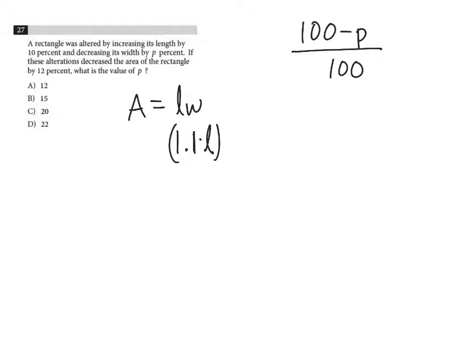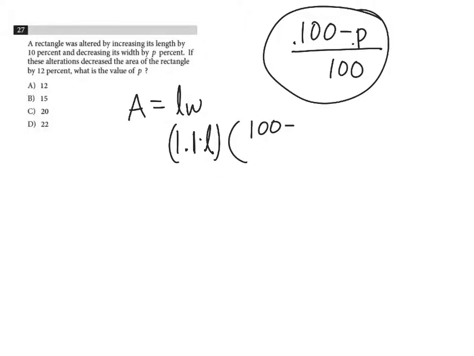So this is what we're going to multiply times w, because we start with 100%, decrease p%, and that gives us the percent, but to write it as a decimal, divide by 100. Okay, so then we're going to have (100 minus p) over 100 times w.